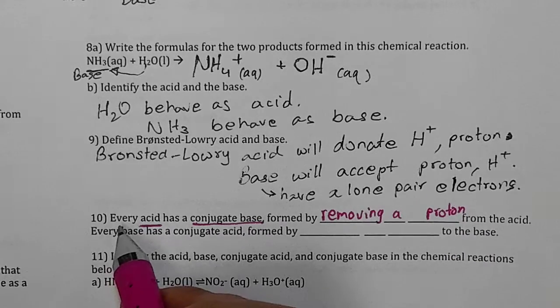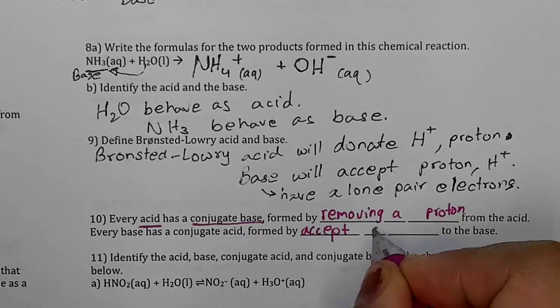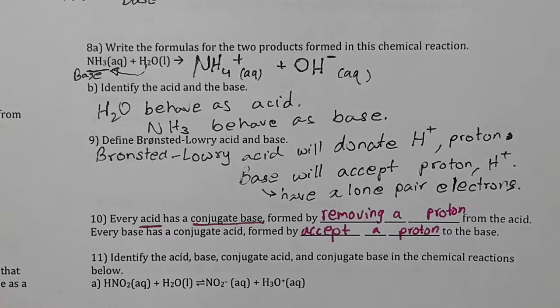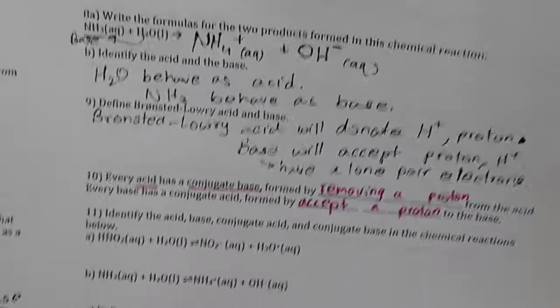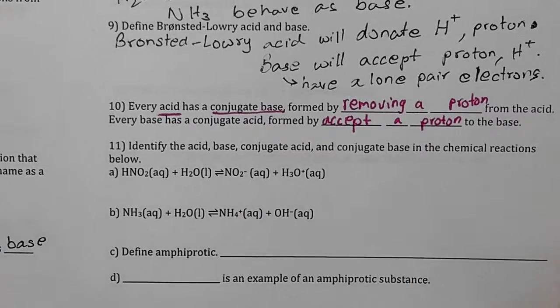And when a base accepts a proton, it becomes a conjugate acid. Okay, conjugate. All right, so the next one, we're just gonna define these as acid, base, conjugate acid, conjugate base.